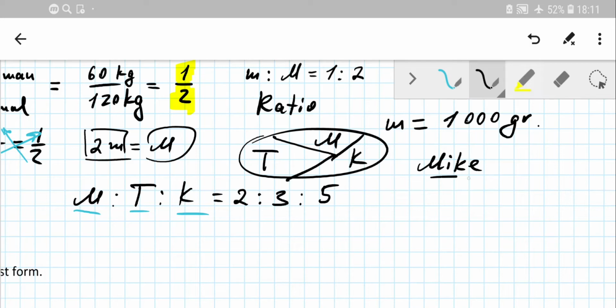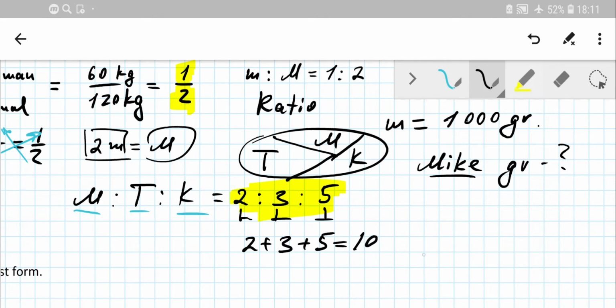You want to find how many grams Mike will have. What do you need to do? You simply need to remember one thing: if you add all parts in total, 2 plus 3 plus 5, you get 10 parts in total.